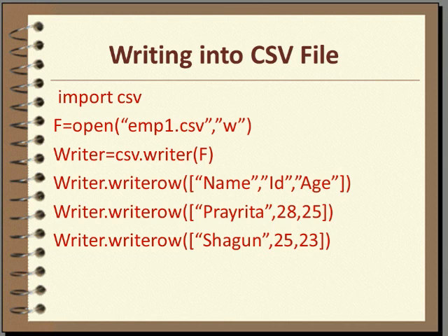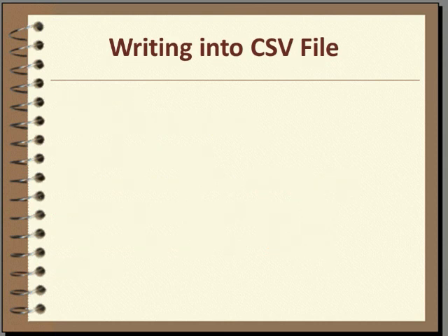So the writerow function is used as many times as many records you wanted to write into the CSV file. Okay, and then we are closing the file. If I do not want to write this writerow function again and again, I can write a single writerows function in my program.